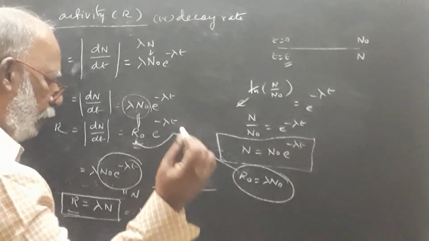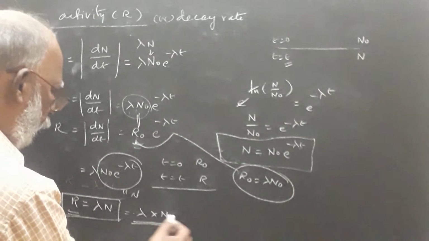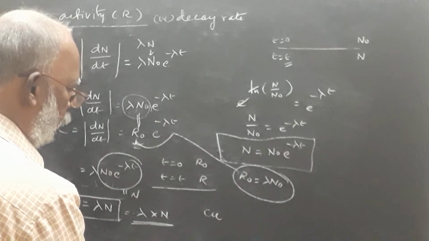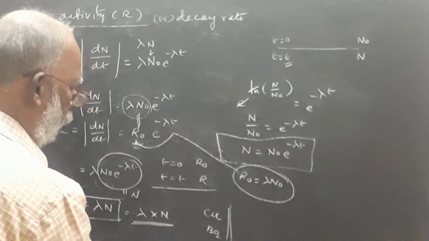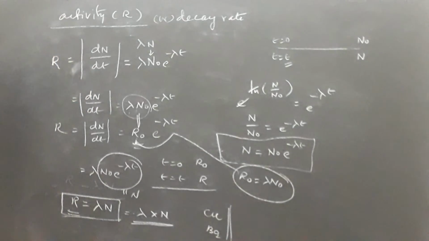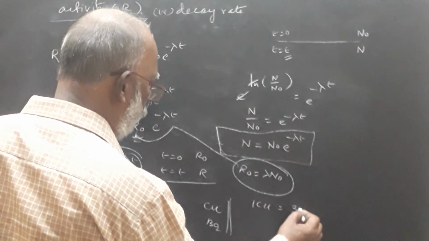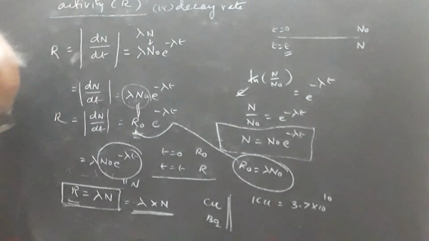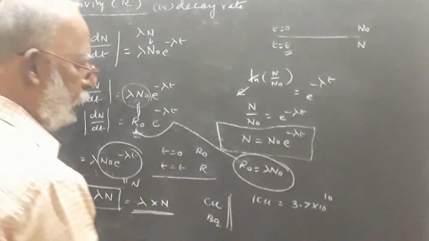From this equation we can say the unit for radioactivity is called Curie or Becquerel. Both units are used to indicate radioactivity. Here, one Curie equals 3.7 into 10 power 10 decays per second.